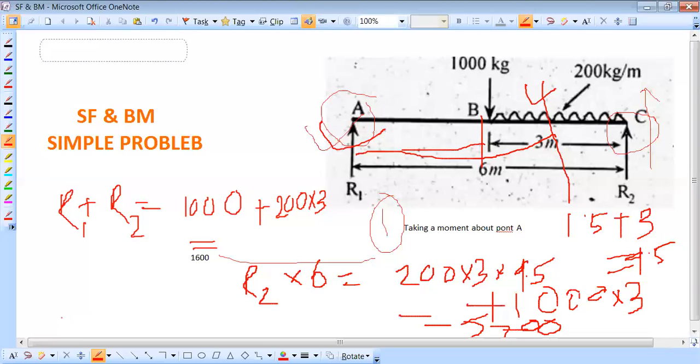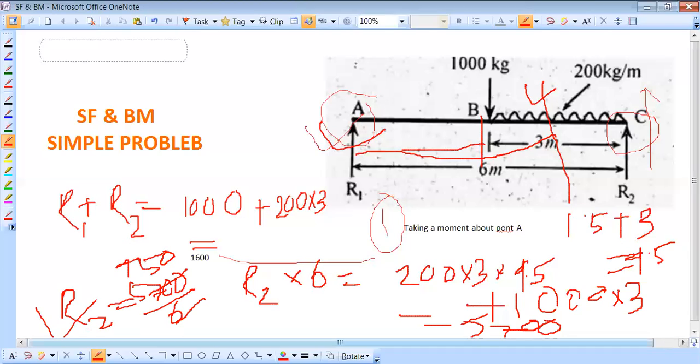Therefore R2 is equal to 5700 divided by 6, which gives 950. Then we get the value of R2.